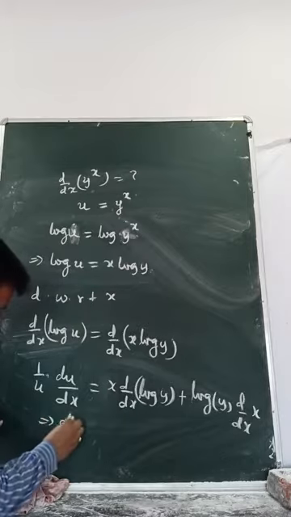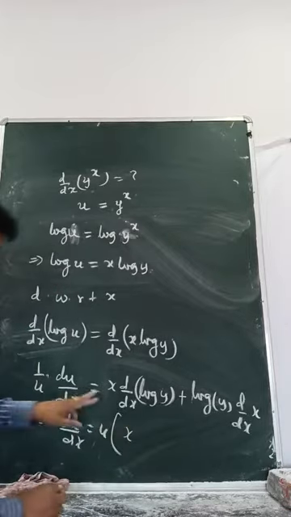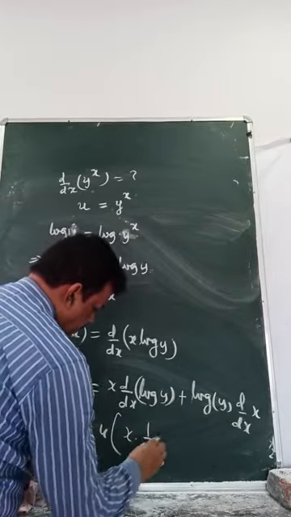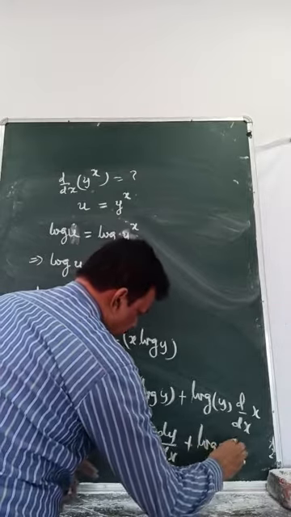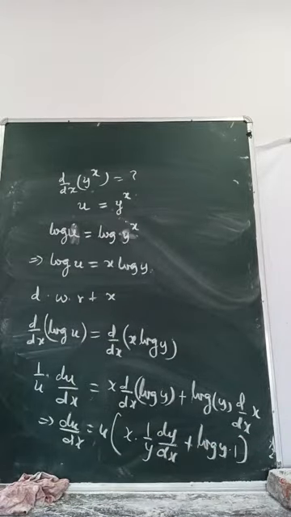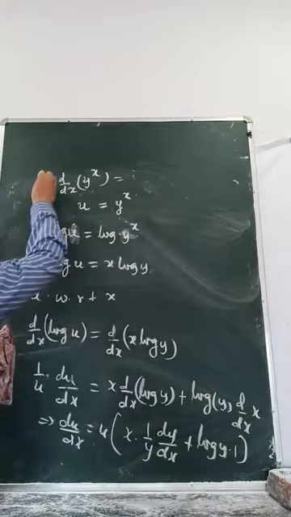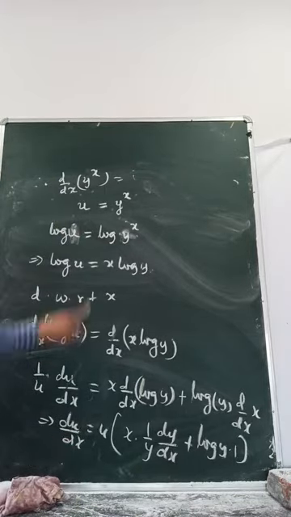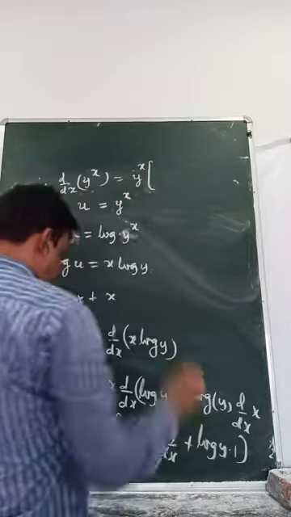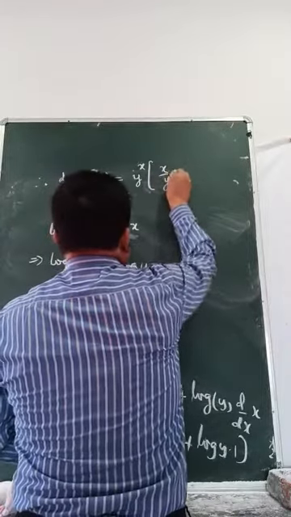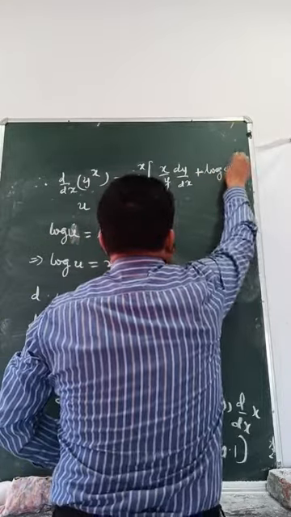That gives you du by dx equals u times x into 1 upon y dy by dx plus log y into 1. Therefore, u means y to the power x, so du by dx is y to the power x times x by y dy by dx plus log y. Okay, one part you got.